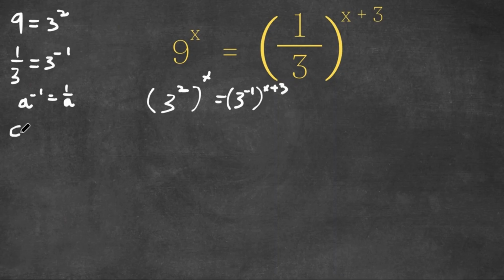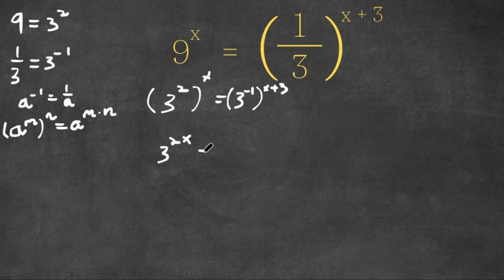Now, if we have something in the form a to the power of m to the power of n, this is equal to a to the power of m times n. So 3 to the power of 2 to the power of x is going to be equal to 3 to the power of 2 times x, which is simply 2x.